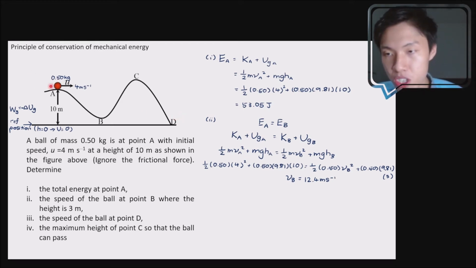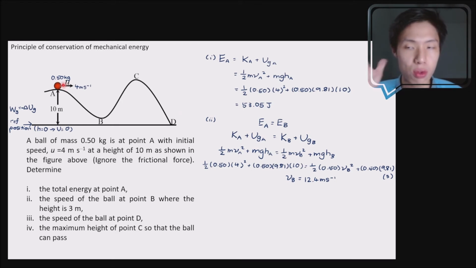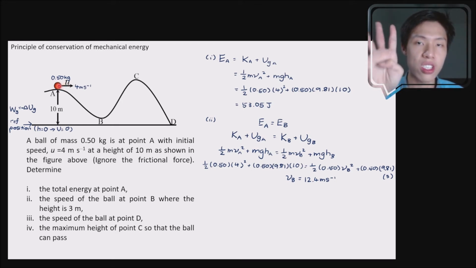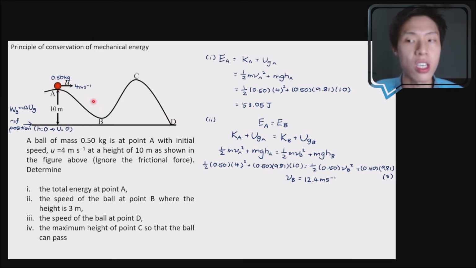You can pick position A, because you can determine the kinetic energy, you can determine the potential energy. You can also pick point B, because point B you know the height, you can determine the potential energy. You know the speed from question 2, you can calculate the kinetic energy as well. So point A and point B can be used, but again I'll be using point A and I'll compare it with point D.